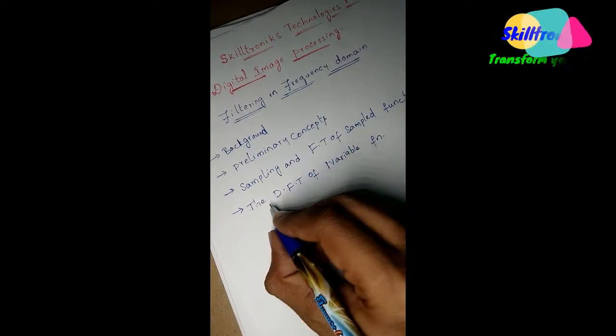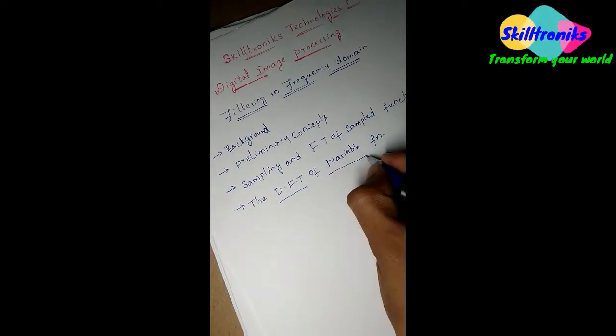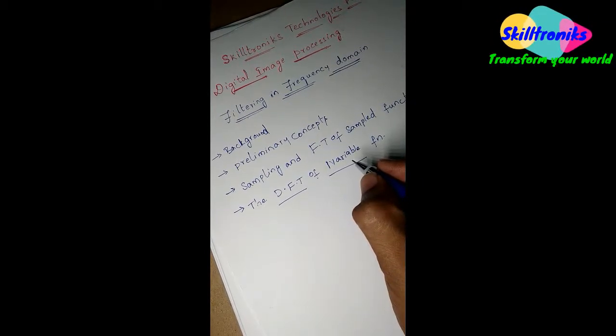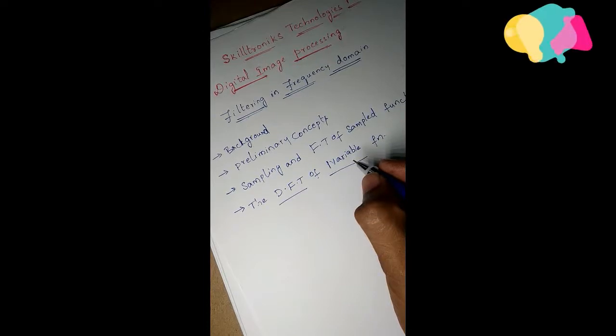First of all, we will discuss the discrete Fourier transform of one variable functions, and we will extend the same concept to the two-dimensional functions like images.